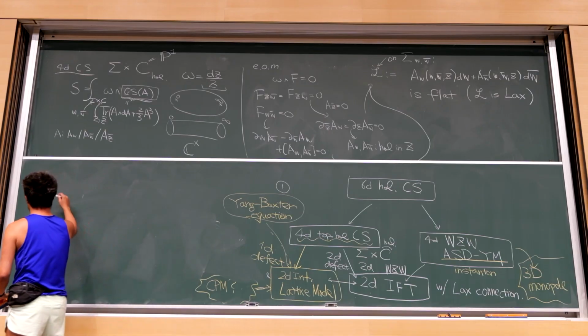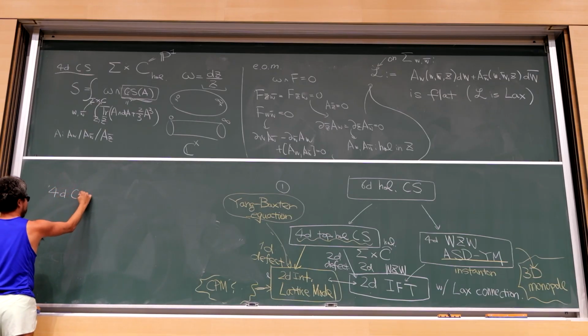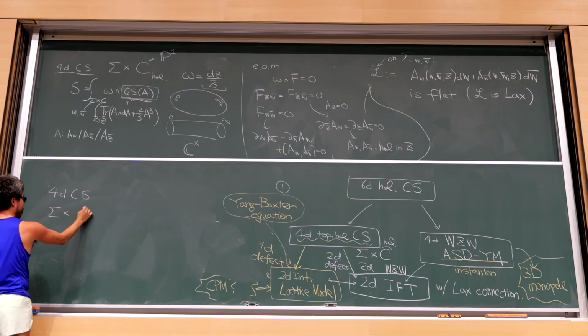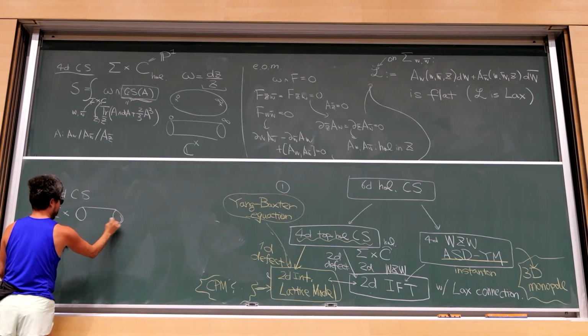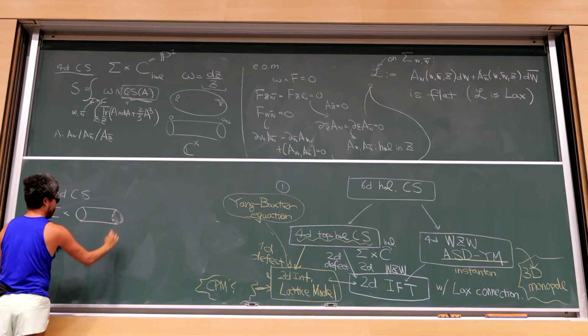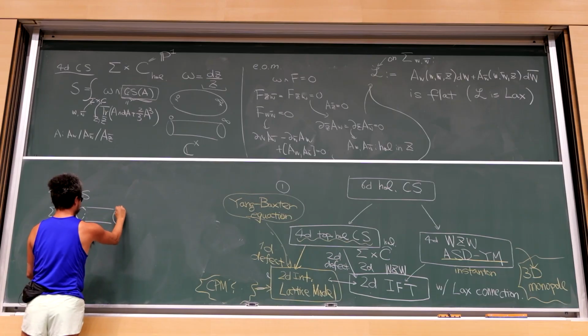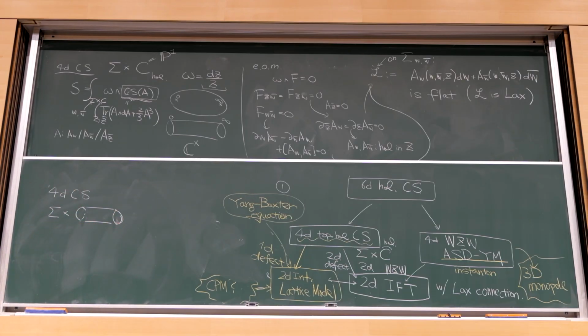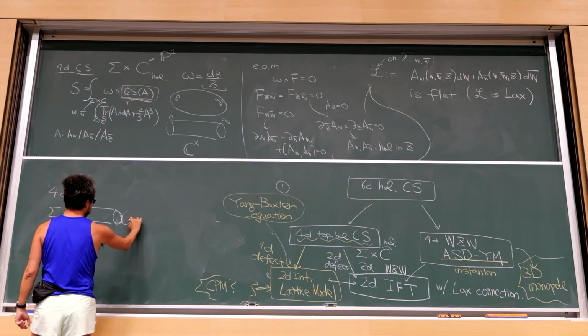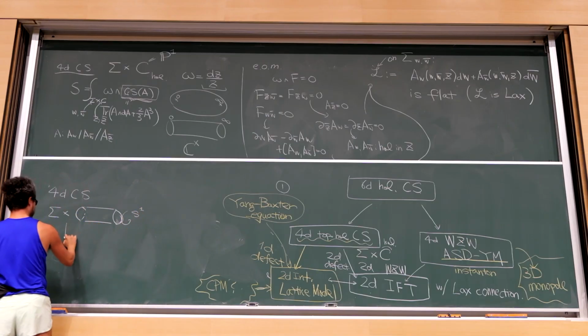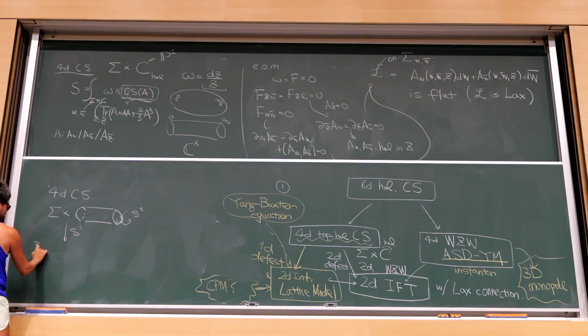So indeed, if you have a 4D Chern-Simons theory on sigma times the cylinder, then you can think about dimensionally reducing this along the S1. And what you expect is that you should get the three-dimensional Chern-Simons theory. That is not too surprising.